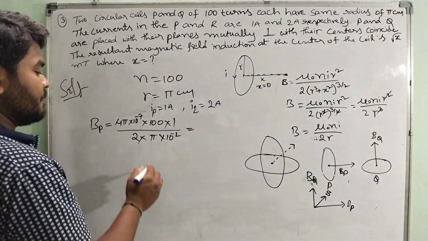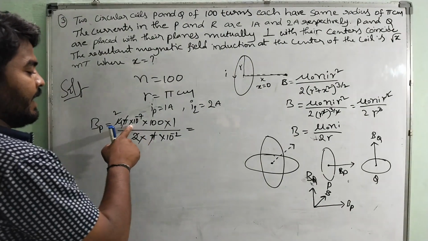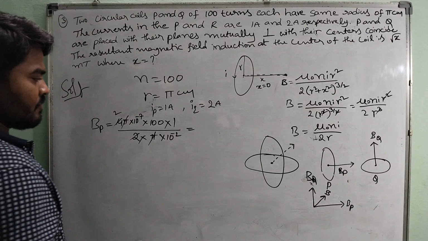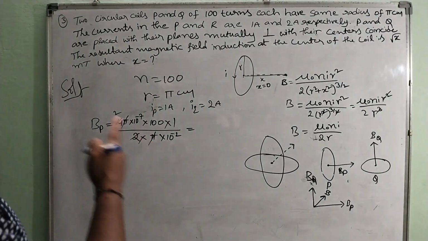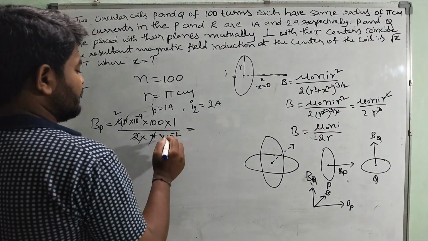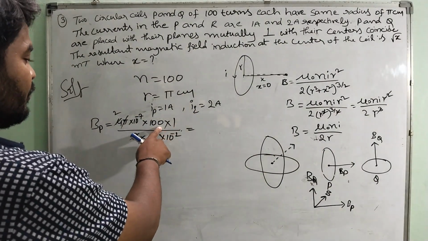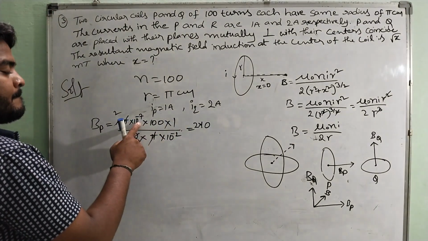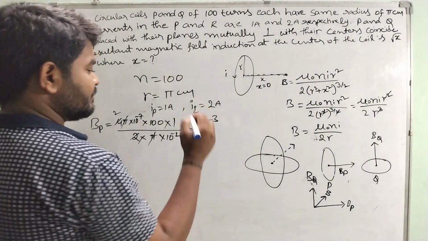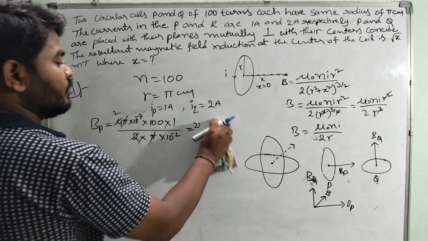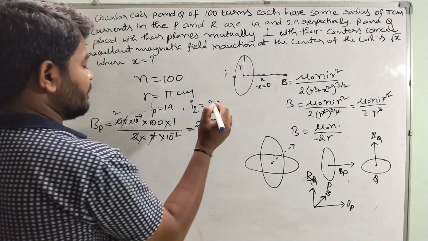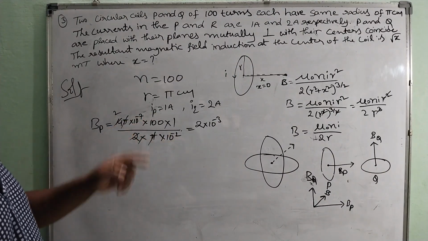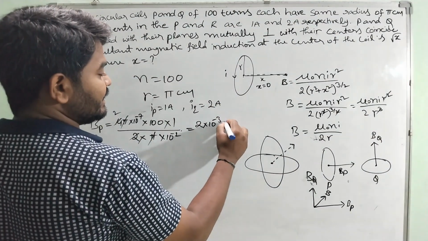Pi gets cancelled. Minus 7 with 2 zeros less becomes minus 5, and again 2 zeros less becomes minus 8, so BP is 2 into 10 to the power of minus 3 Tesla.